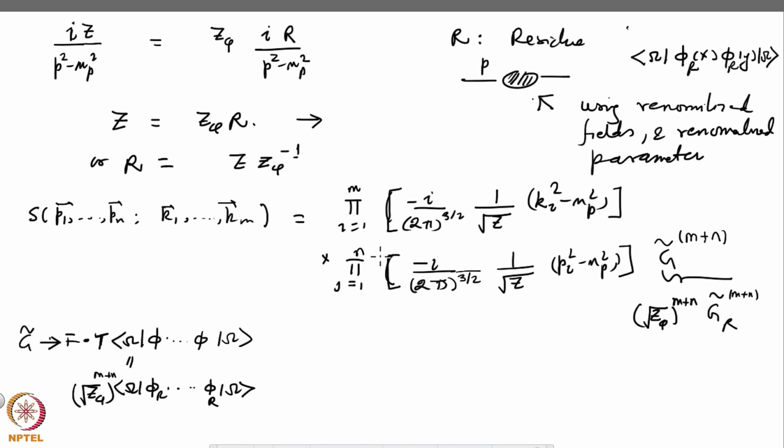So together they will give you root z phi m plus n in the denominator from here, and you have root z phi to the m plus n in the numerator coming from this part. So the same expression, okay, I can write as the following.